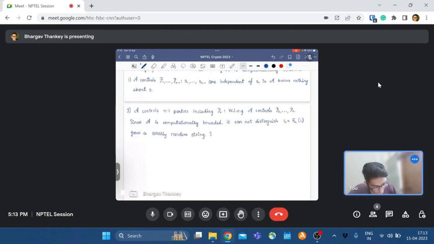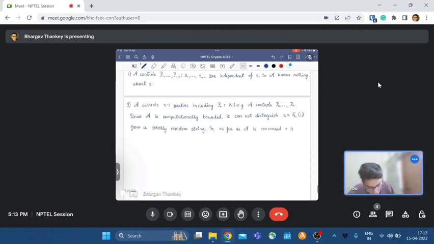So as far as A is concerned, that share is indistinguishable from random.